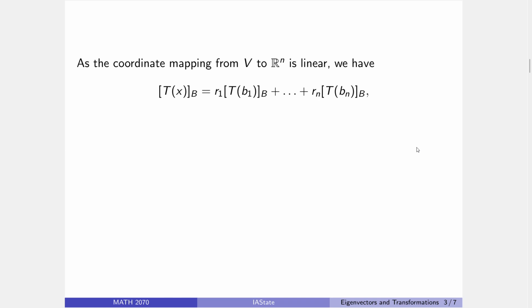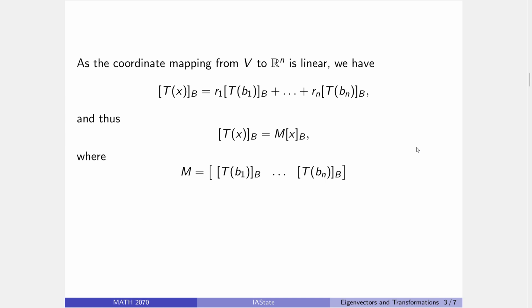The coordinate mapping we know is linear itself, so the coordinate mapping for T of x is this linear combo right there. Letting M be the matrix that has these as its columns gives me this relationship between the coordinate vector for our input and the coordinate vector for our output.